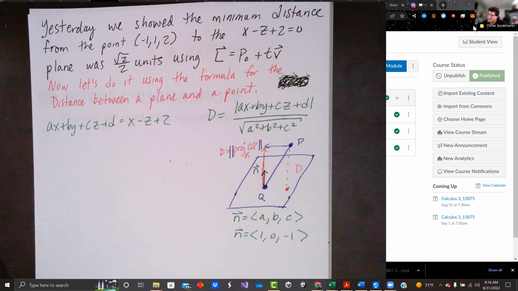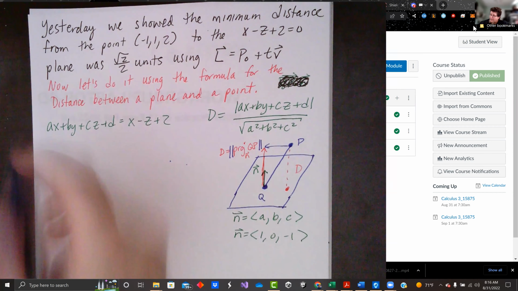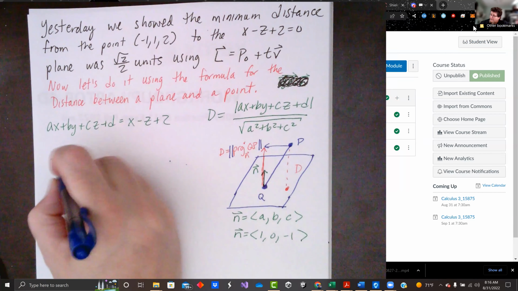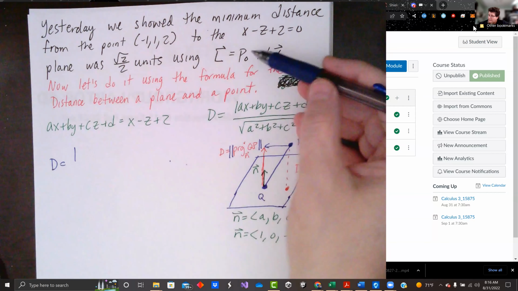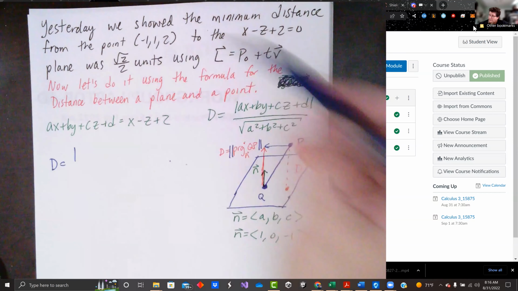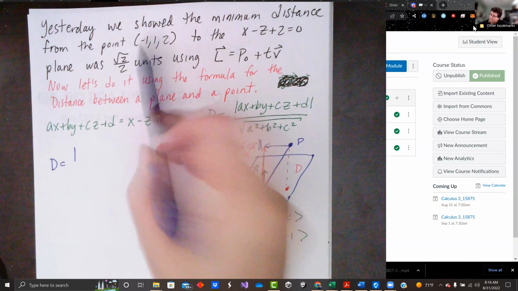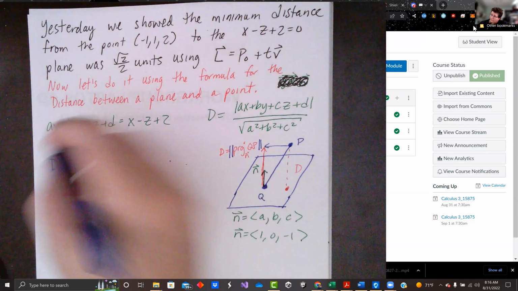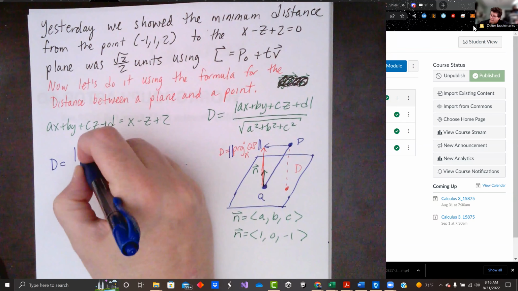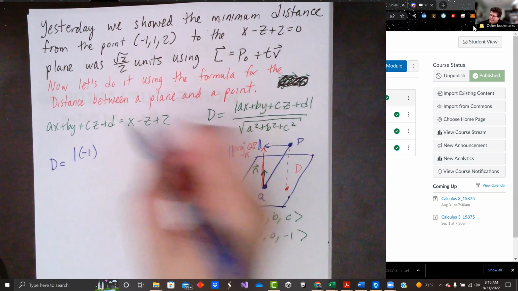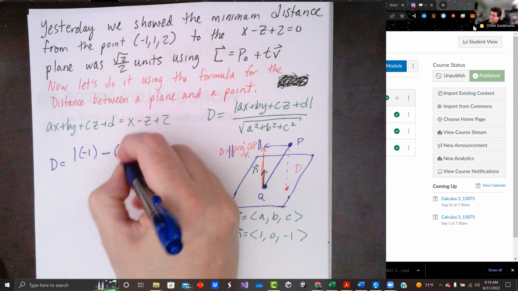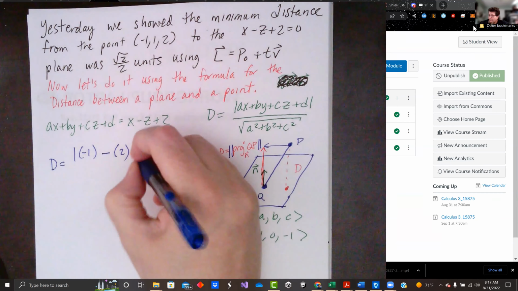So when we're setting up our distance formula using this, I have x comes from our point. So that's -1. We've got no y, and then I've got minus z, which is -2. And then I've got +2.